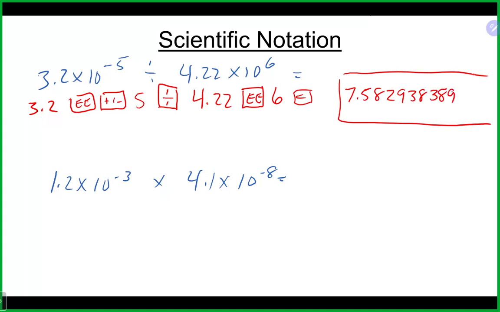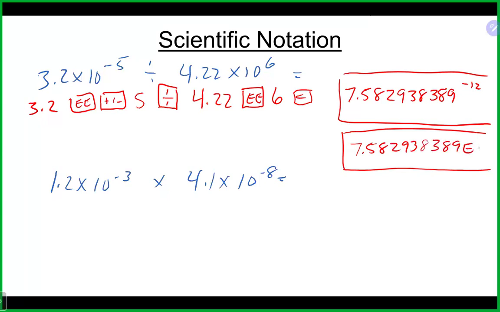Now, on the one that you'll use in class, it will also look like this, minus 12. On other calculators, you may see 7.5829383889E minus 12. Yeah, so those are two of the ways that most likely it will just spit it out to you.